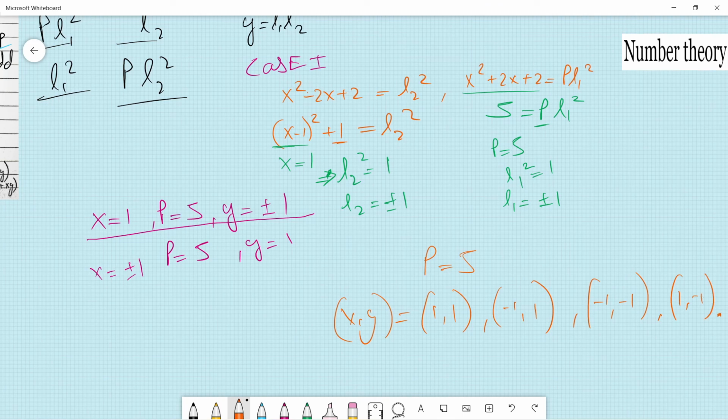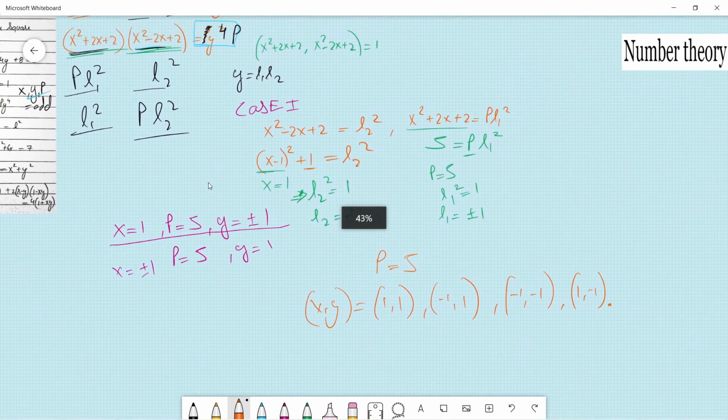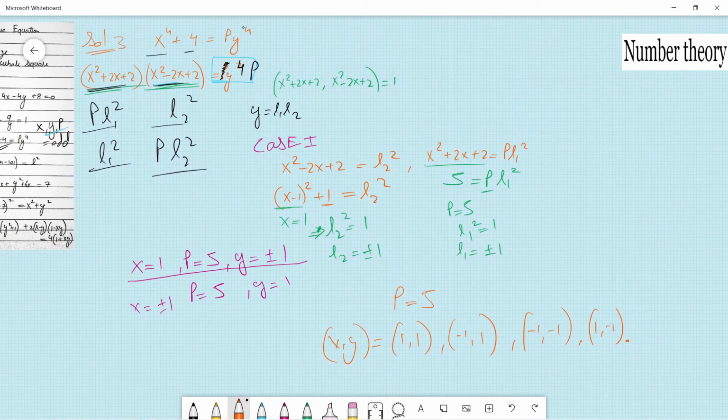This completes our solution. So let's quickly see what we did here. First we factorized it using our famous identity, and then we tried seeing if we can find the GCD. As a matter of fact, we did.